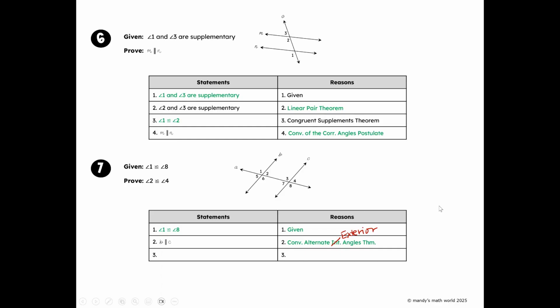My next statement is, because I've proven these lines are parallel, I conclude that angle 2 is congruent to angle 4 by the corresponding angles postulate. So I've already concluded that the lines are parallel, so I can then conclude that corresponding angles are congruent. Angle 2 is congruent to angle 4.